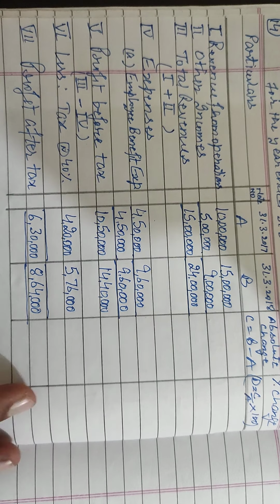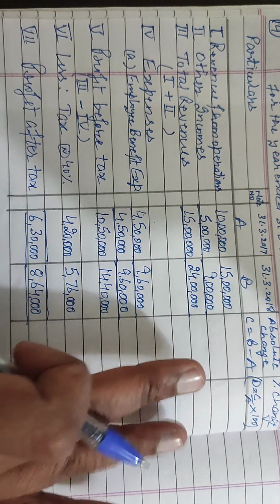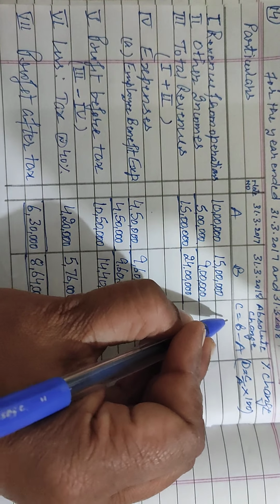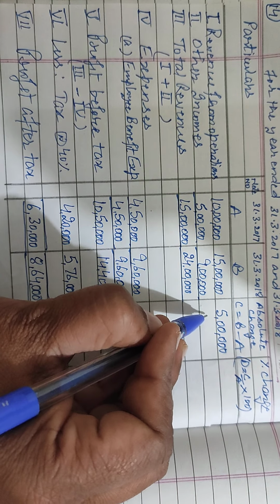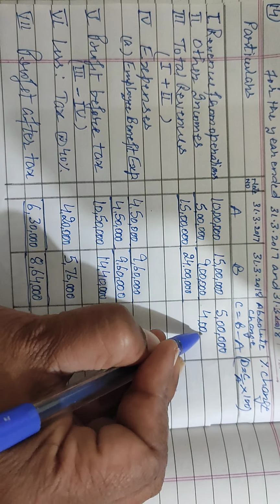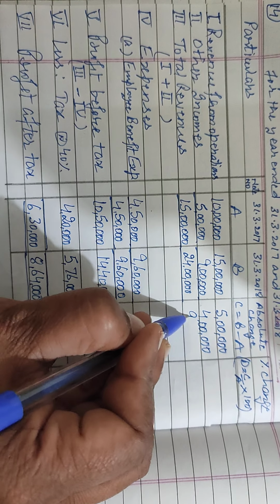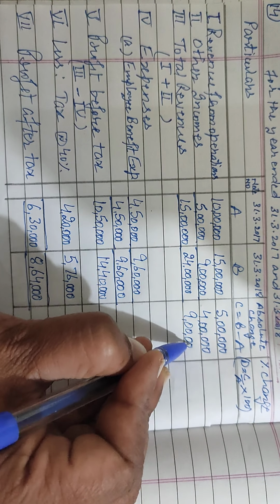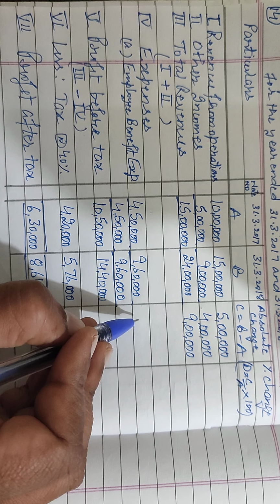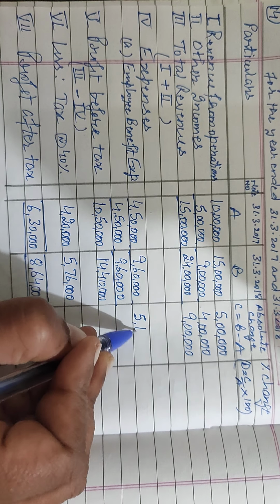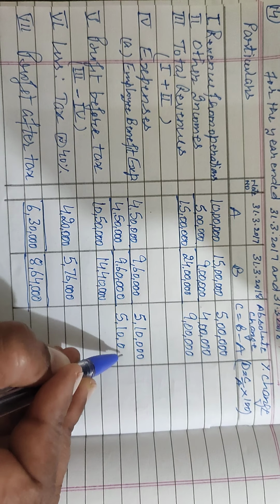Now we have to complete the structure we have prepared. Now we calculate these two columns. First of all, the difference B minus A: 15 minus 10 is 5 lakh, and 9 minus 5 is 4 lakh. In total, out of 24 we subtract 15 lakh, so it is 9 lakh. From 9,60,000 we subtract 4,50,000, so it will be 5,10,000. Again 5,10,000.